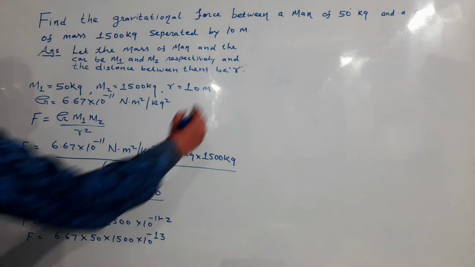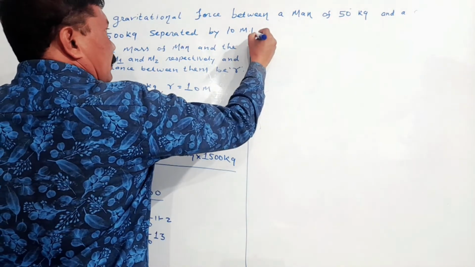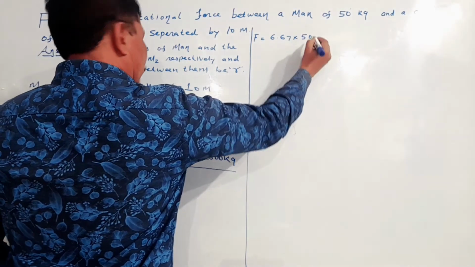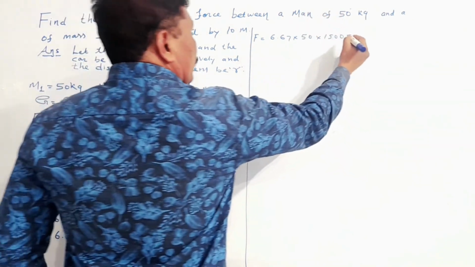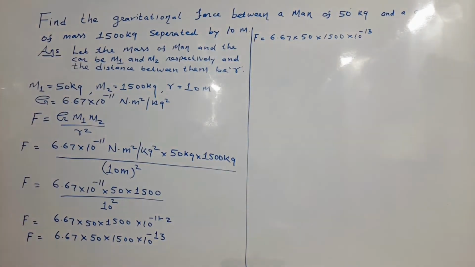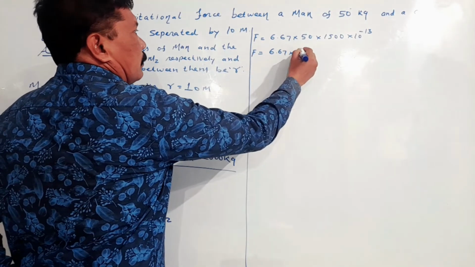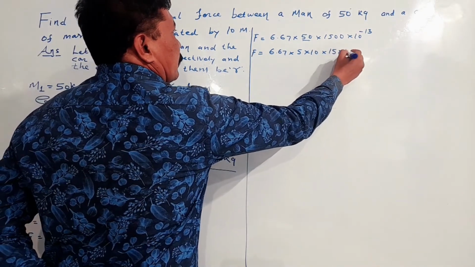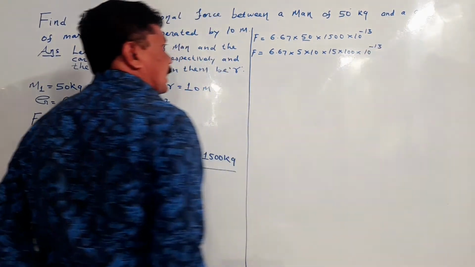Now F is equal to 6.67 into 50 into 1500 into 10 to the power minus 13 we have got. So F is equal to 6.67 into 5 into 10 for 50, into 15 into 100, into 10 to the power minus 13 as it is.